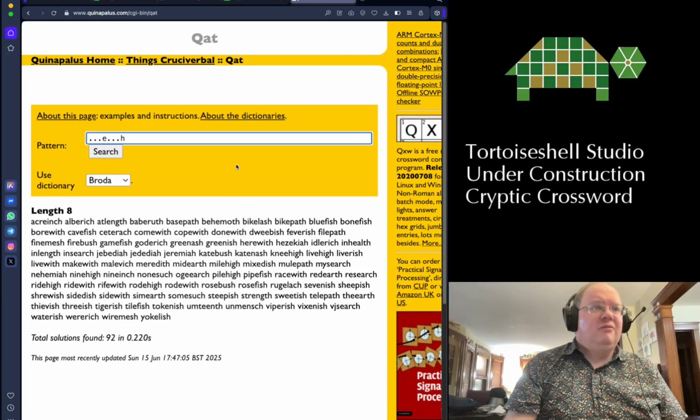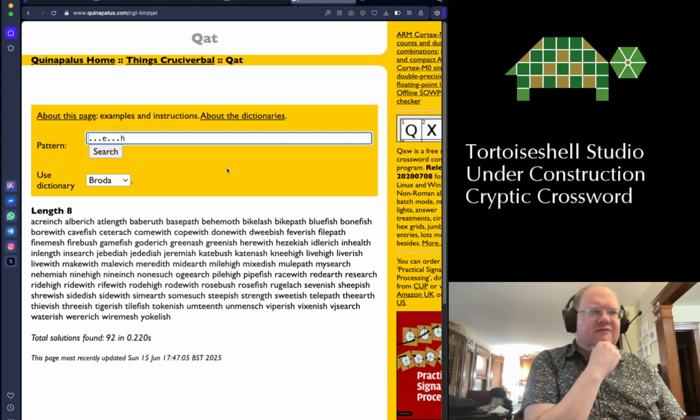Could have Jeremiah for the J. Knee-high for K, or Kate Bush. Although Kate Bush is probably too namey for a cryptic. Just like having a cryptic clue for a specific person can be more challenging.